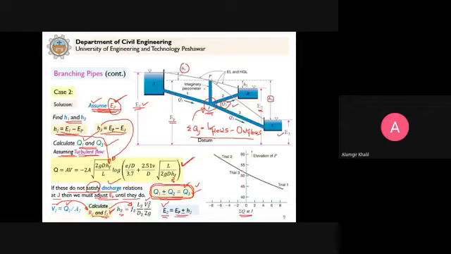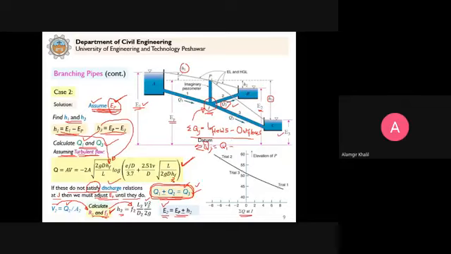For example, in this diagram, what is the inflow? Inflow is q1. So according to this diagram, this qj is equal to what? Inflows. What is the inflow? q1.